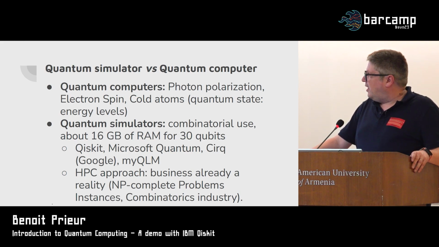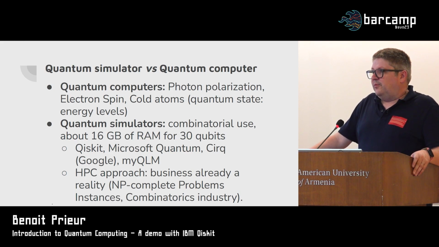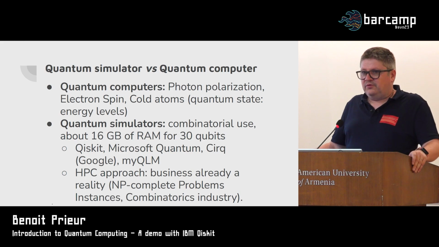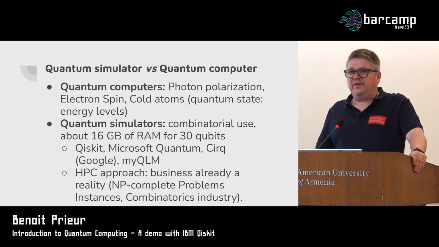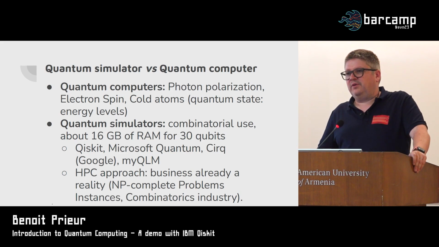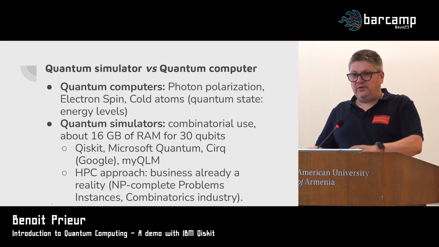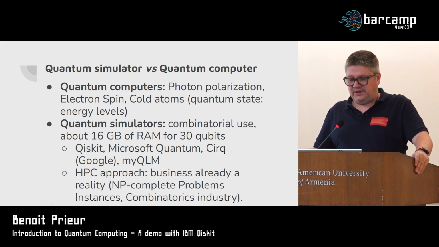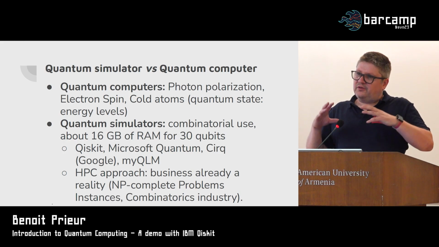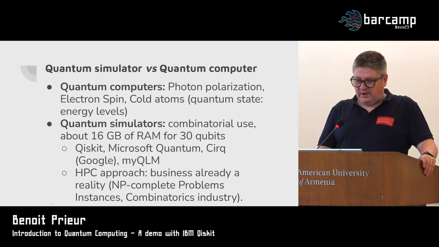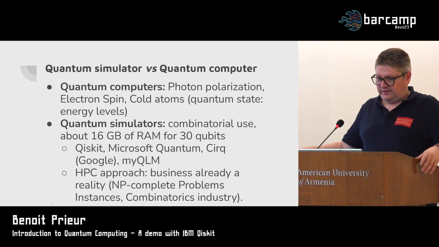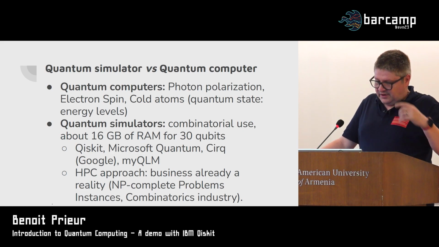Actually, you have some companies able to provide consulting, to tune quantum algorithms, to answer industrial questions, and to run these algorithms on very big computing simulators. It needs a lot of memory. For example, to have only 30 qubits, you need 16 gigabytes, so it needs a lot.